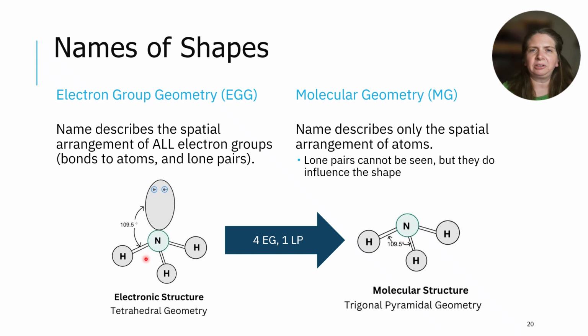These 4 electron groups arrange themselves in a tetrahedral geometry. The molecular geometry, however, describes only the arrangements of the atoms. Because these lone pairs are not visible, ammonia appears to have only 3 atoms surrounding the nitrogen. The molecule is not flat because of the lone pair, so its molecular geometry is trigonal pyramidal.